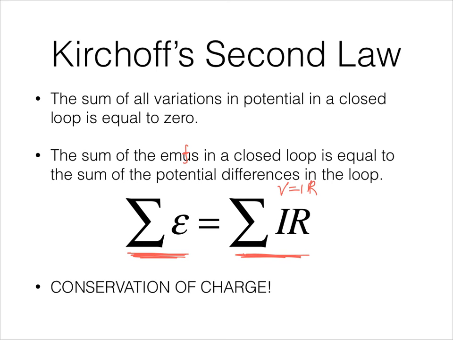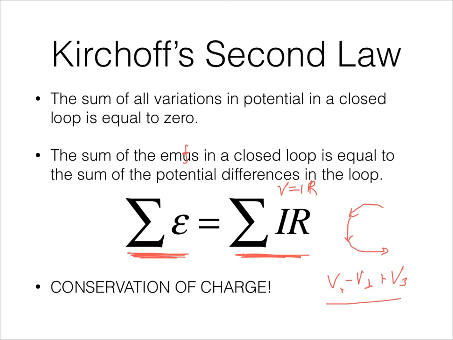When we go through a loop, if I go through something that causes me to gain potential, then I'll just put it down as a positive potential. If I go through something that causes me to lose potential, then I'll just say minus potential, and I'll subtract that. And then if I go through something else that causes me to gain, then I'll just say plus potential.